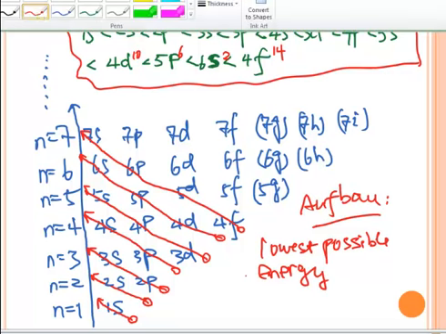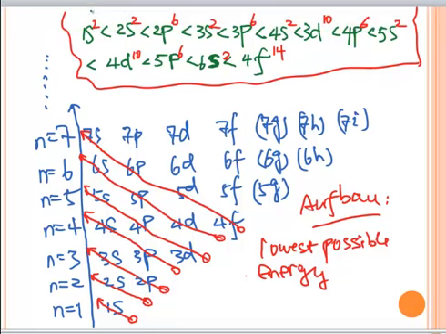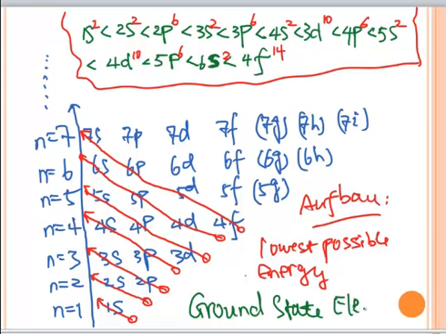And there's a terminology for that, and that is called ground state electron configuration. It is how those electrons can be filled into those sublevels, the orbitals, in the least energy that is possible.